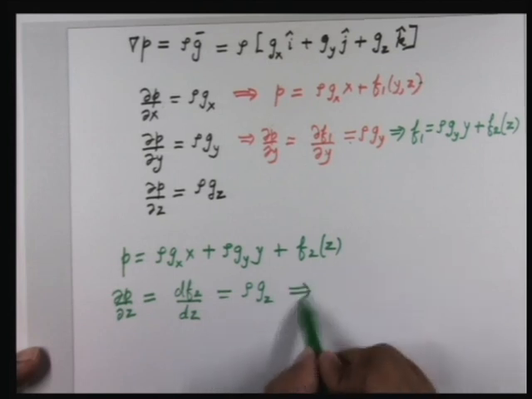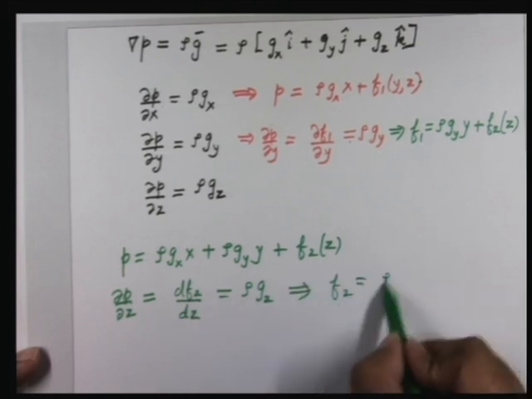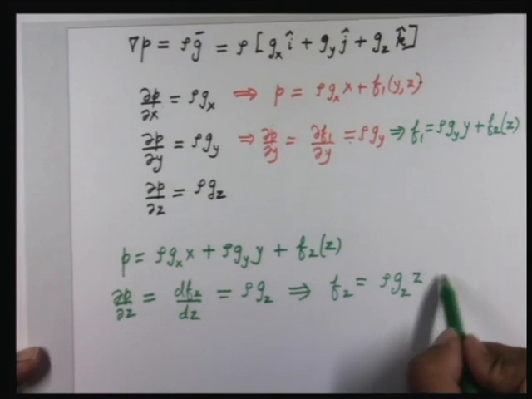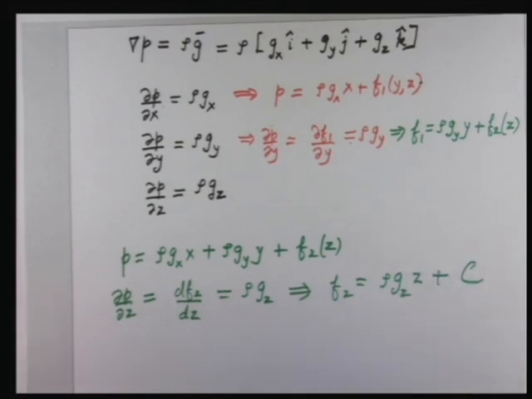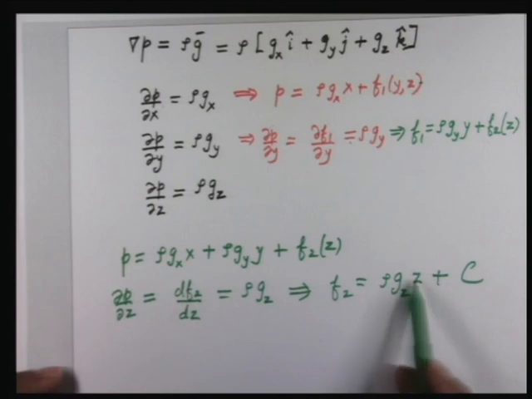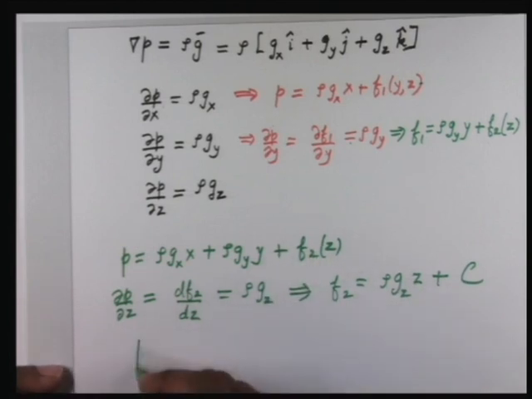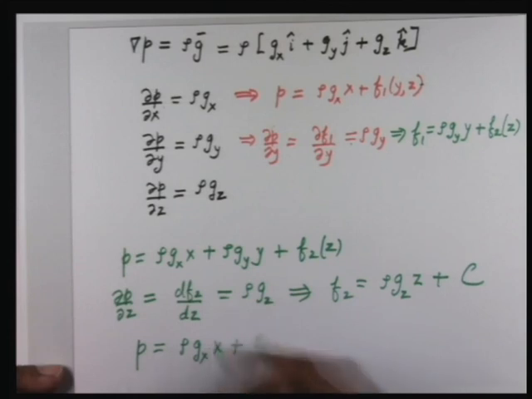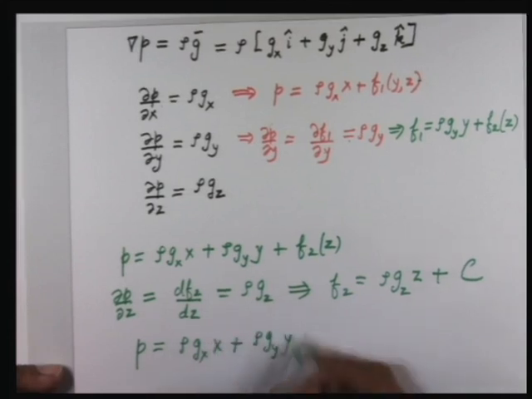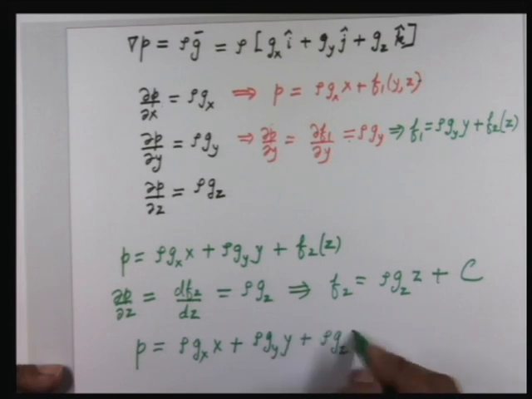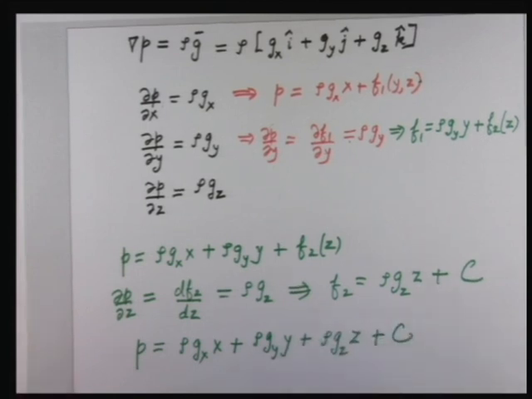So that means that f2 will be rho gz z plus a constant, because this is a total derivative. So if you go back and substitute over here, you get p is equal to rho gx x plus rho gy y plus rho gz z plus c. So this is valid for any coordinate system, whereas the previous result which we got was valid when the z axis was vertical and pointing upwards.